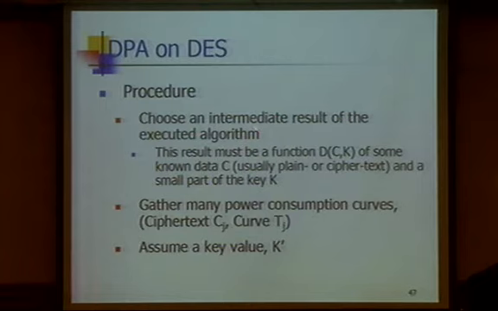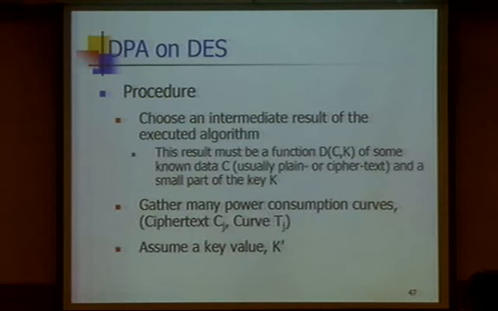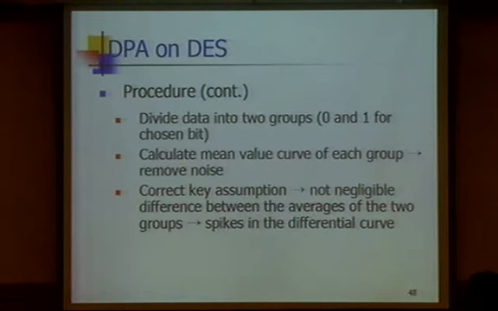This intermediate result must be a function D of some known data and a guessed key K. Then the attacker gets many power traces, gets key values, and divides the data into two groups by using these guessed keys and the intermediate result function D.